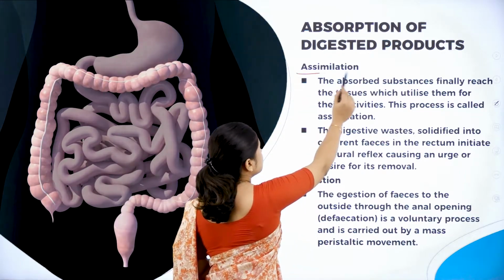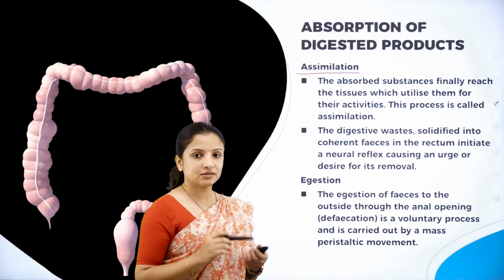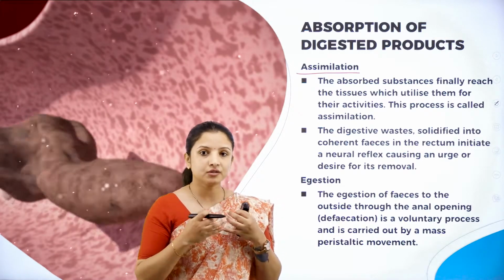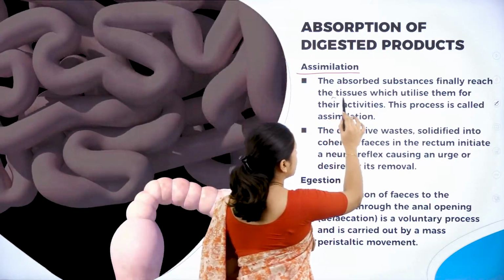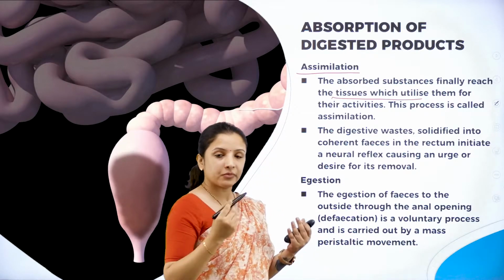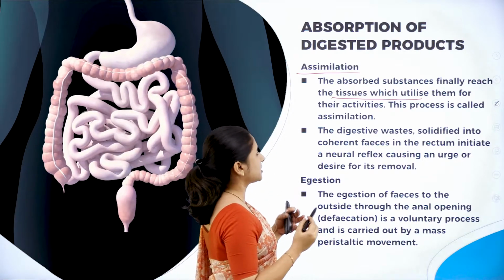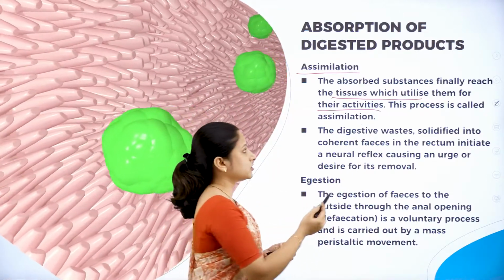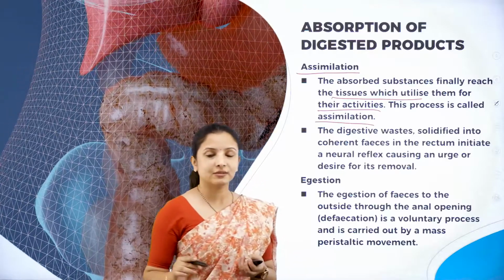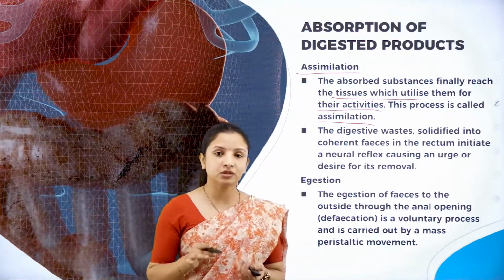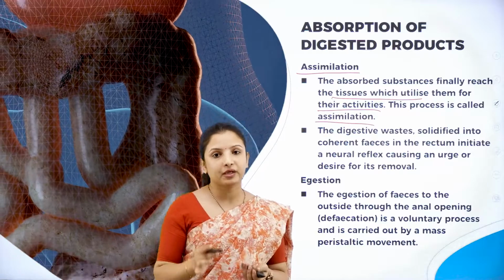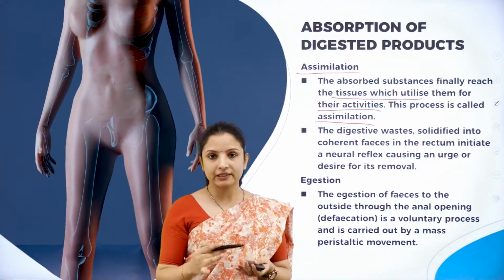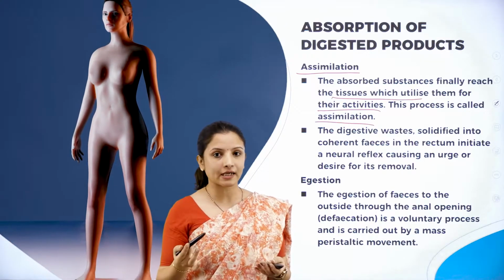The substances absorbed by the bloodstream finally reach the tissues, and these tissues make use of these absorbed substances for various metabolic activities. This particular process is called assimilation. Assimilation is the process wherein the tissues present in the organs absorb the nutrients or various substances from the bloodstream so that they can perform various activities.